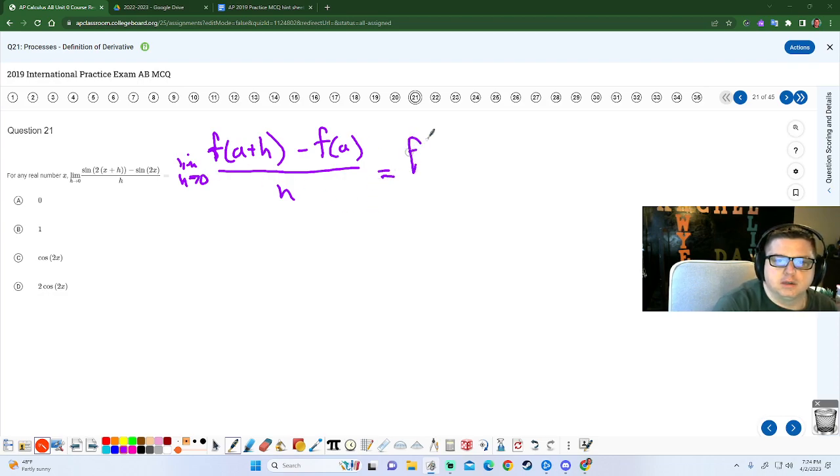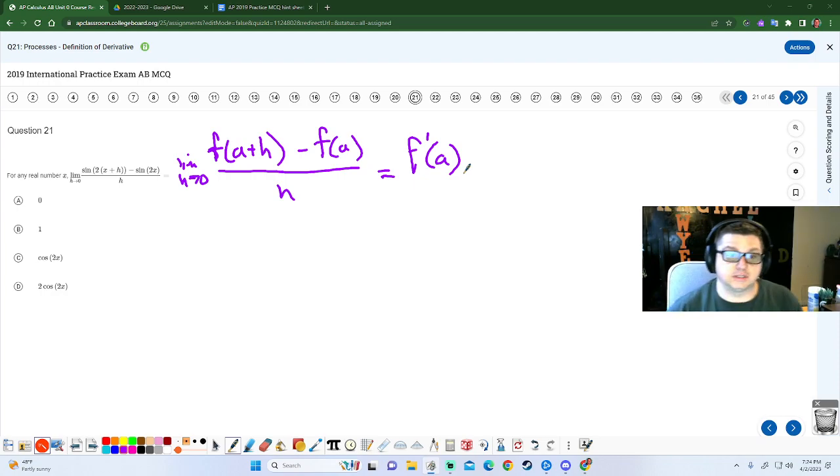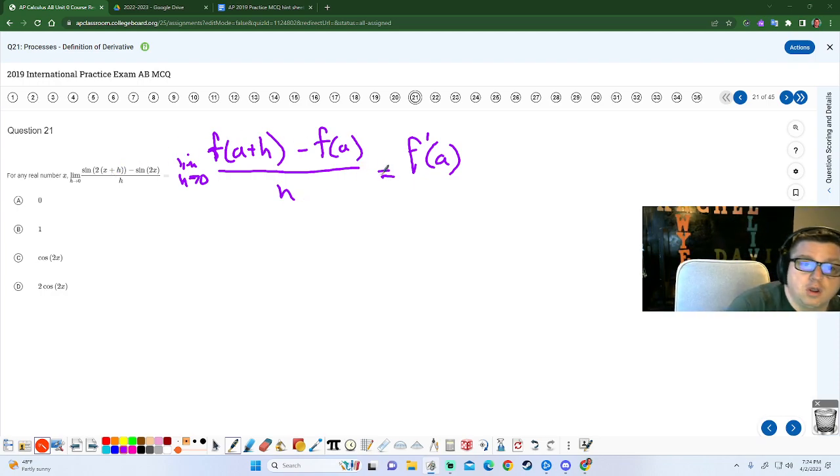And what we need to know is the derivative at a, or just take the derivative of the function. So what we need to do is understand what the function actually is. So we can look at it like this. F of x.